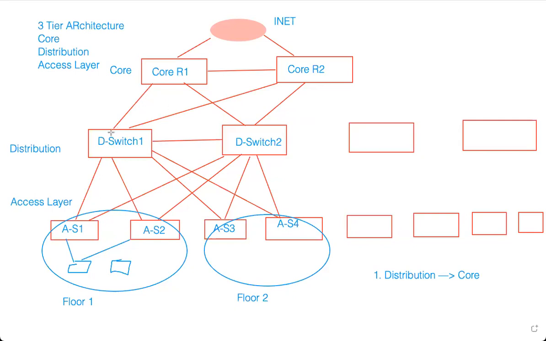So there are 4 links between the distribution and the core. Which link do you want to put firewalls on? Or let's do this. Let's say 2 firewalls to the 2 switches, maybe.